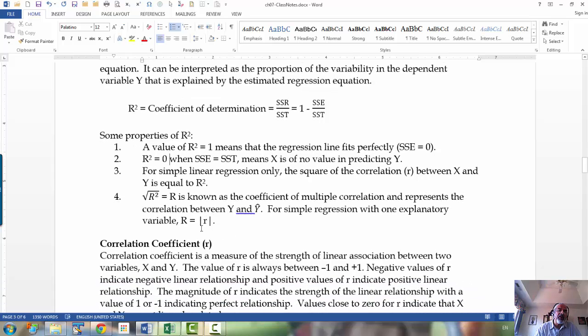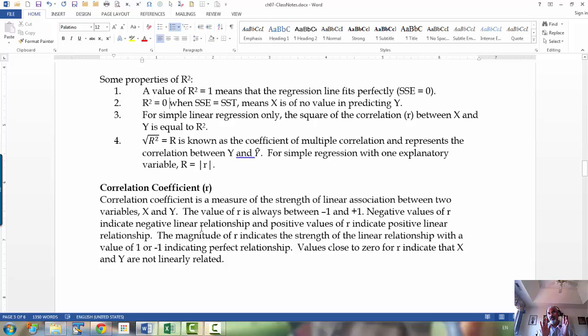So now, what is the correlation coefficient? This has been discussed in the second stat class and even in the first also. The coefficient of correlation R is a value between -1 and 1. The sign of the correlation coefficient indicates the direction of the relationship between x and y.